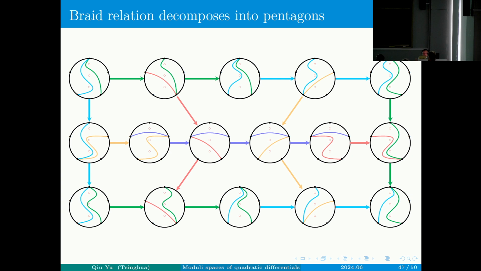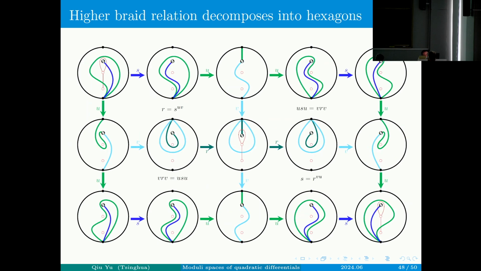So this picture was known to topologists, for example, Kramer, but I think he didn't draw this beautiful picture with decoration. So I drew something. And for the puncture case, we can draw this picture decomposing. So this S is L twist.